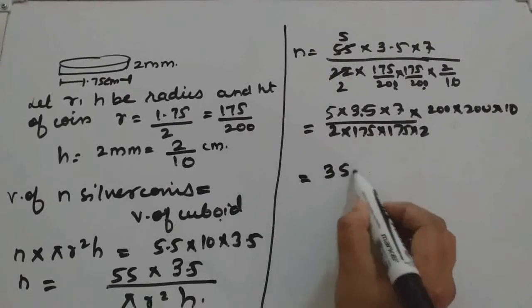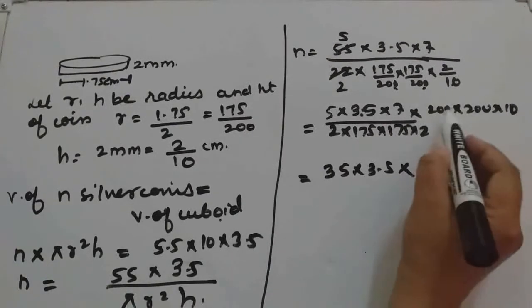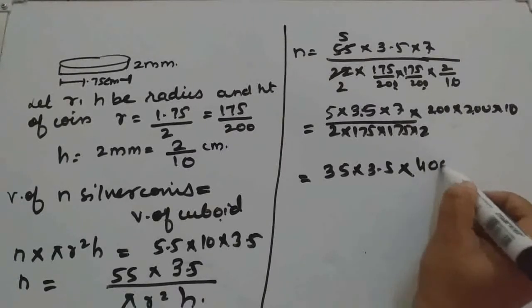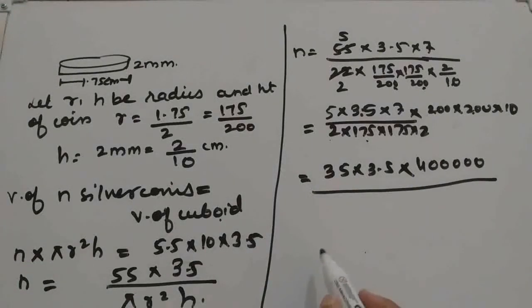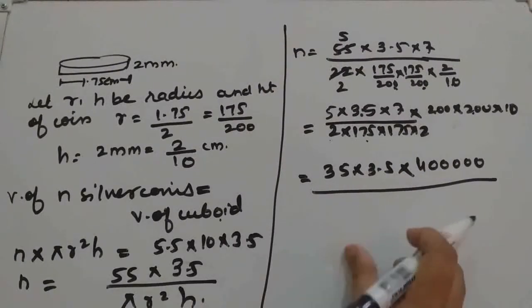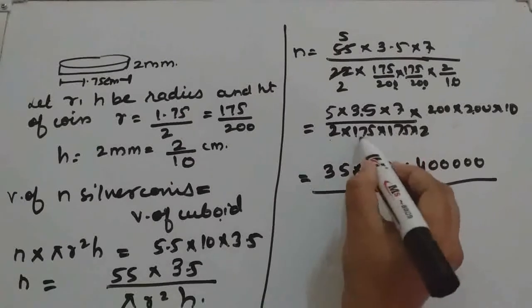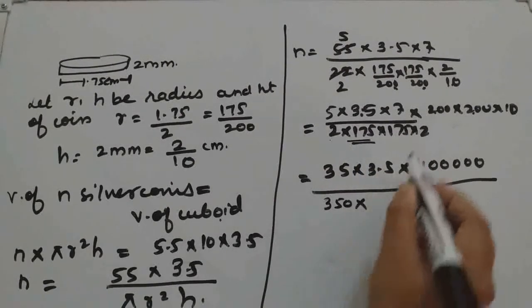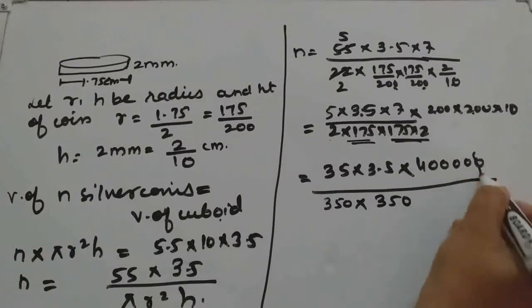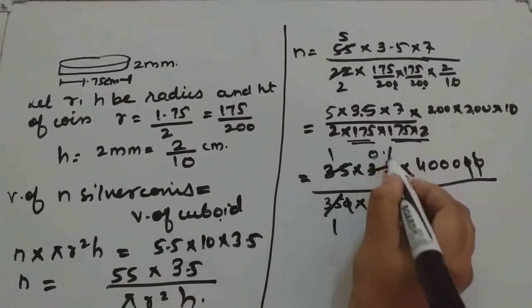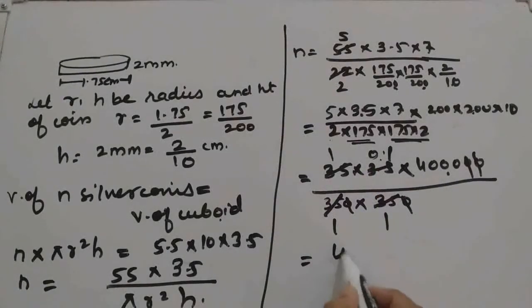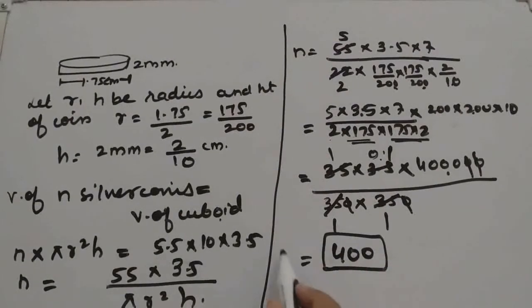So 35 into 3.5 into... now see, 175 2s are 350, isn't it? So we can write 350, and this also 350. So 10 10 will go, 35 ones are 35, this is 0.1. So 4000 into 0.1 means 400. So 400 silver coins can be melted to form the cuboid.